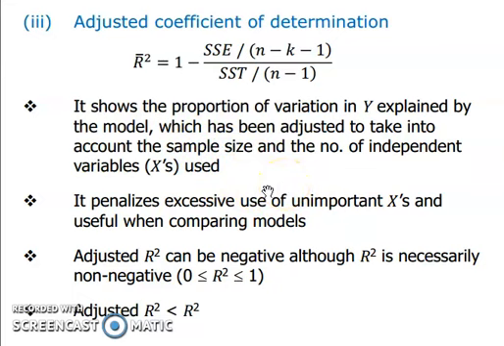We want R squared to increase because the X does contribute to explaining the variation of Y. That's why we have the adjusted R squared, penalizing the excessive use of unimportant or irrelevant X variables. And adjusted R squared can be negative, although R squared is a non-negative value, and the adjusted R squared is always going to be lower than R squared.